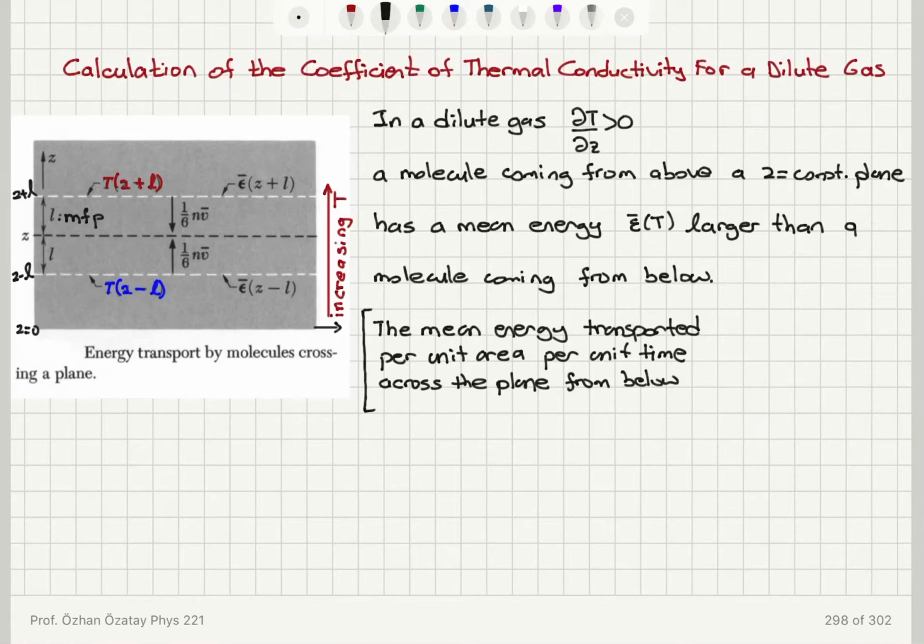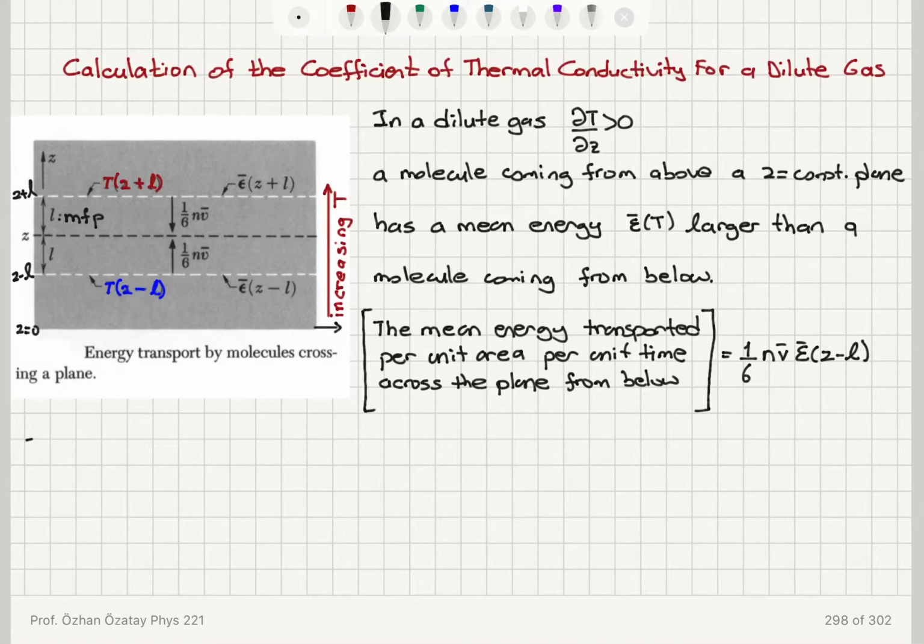So what is the mean energy transported from below per area per unit time? So it is the particle flux 1 over 6 n v bar multiplied by the mean energy per molecule epsilon bar, which has its last modification at z minus L. So epsilon bar z minus L.